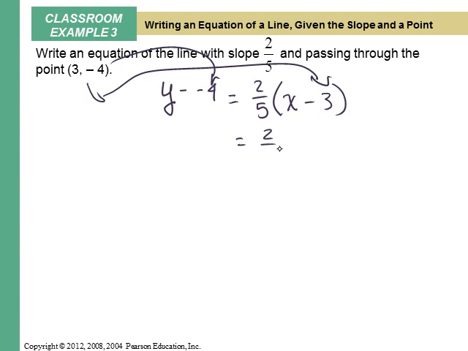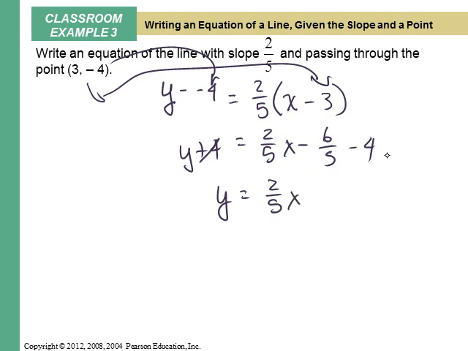You get 2/5 x minus 6/5. And this is y plus 4. Subtract 4 from each side. You get y equals 2/5 x, and if you wrote that as fifths, 4 would be 20/5, so minus 26/5. Okay, that's a way to do it.